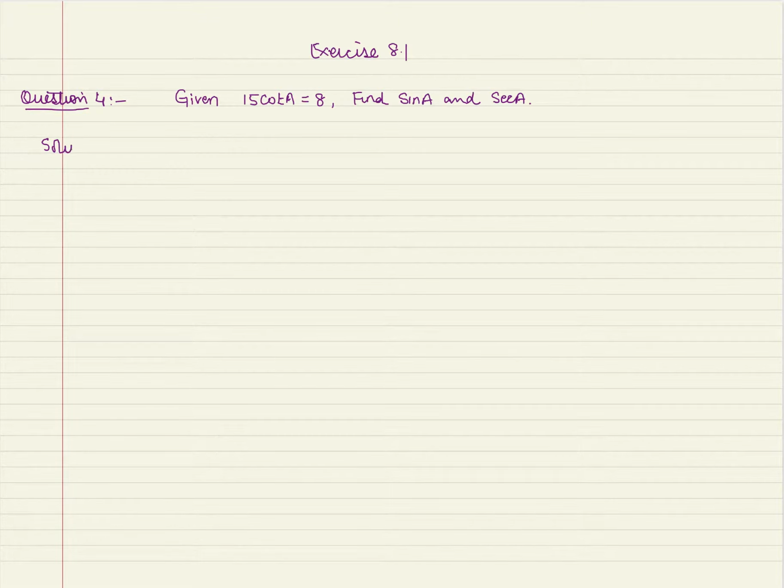So this is a solution of the problem. The solution of this problem is, first we will draw the diagram, a right angle triangle, and then we'll discuss.